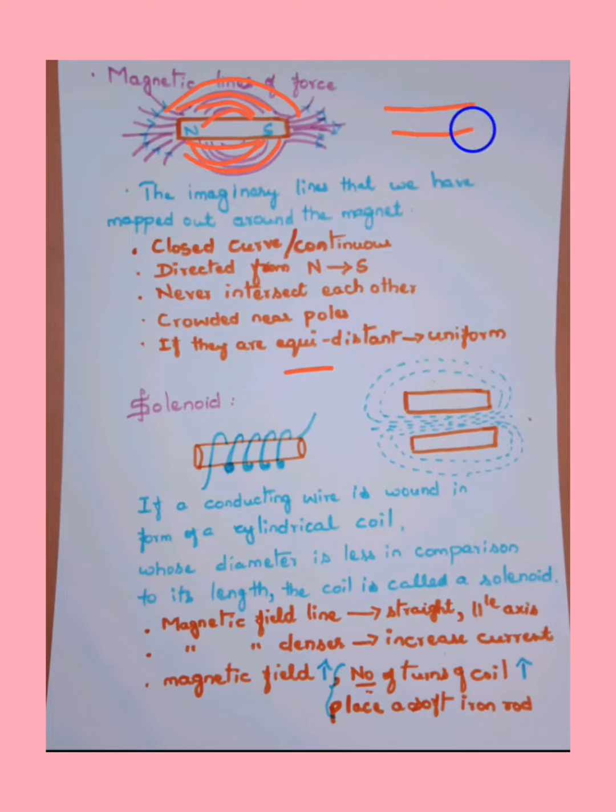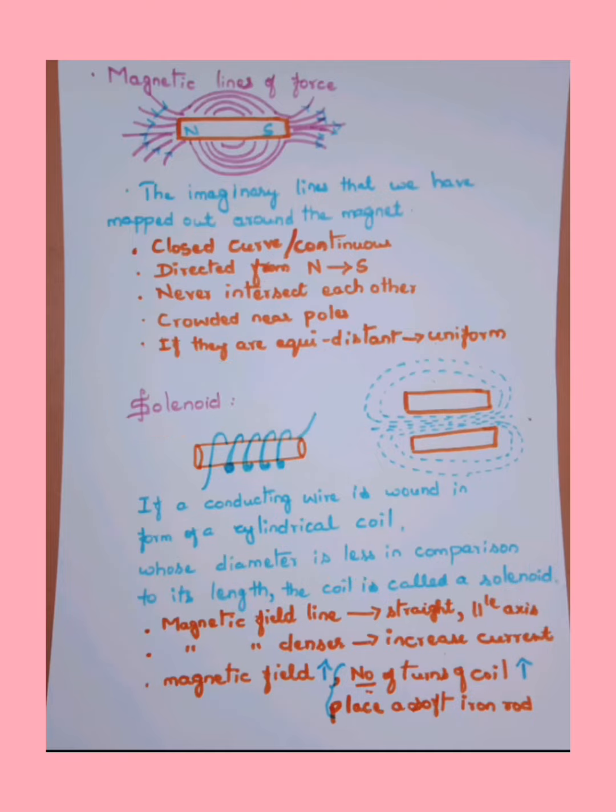Next, we shall move into the next concept, that is solenoid. What is a solenoid? If a conducting wire is wound in the form of a cylindrical coil whose diameter is less in comparison to its length, then the coil is called a solenoid.